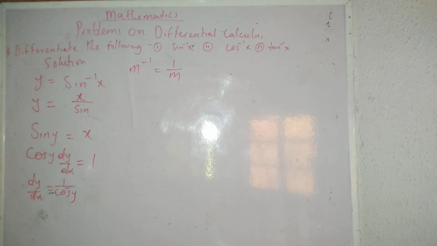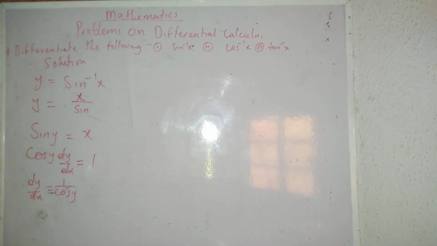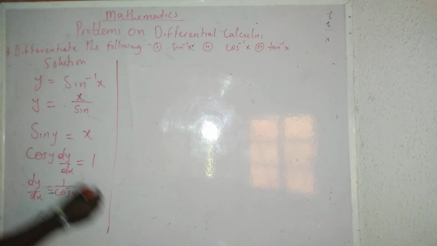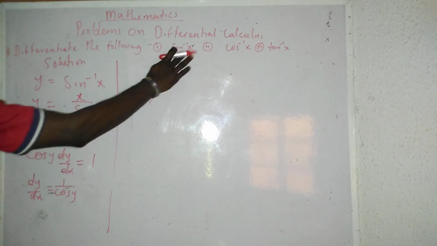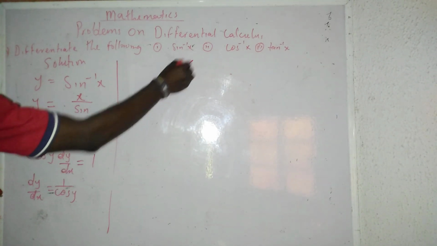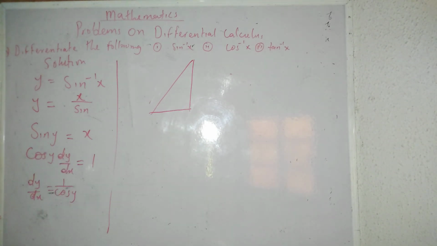Now, I can now proceed. If I have this, I can now say, back to our trigonometry, let us know the logic behind this, which is with the help of my Pythagorean theorem.